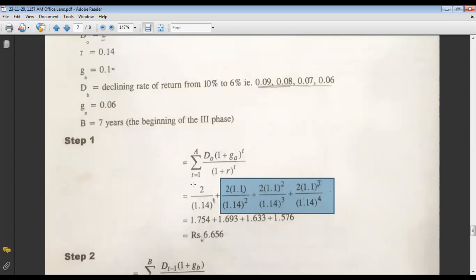What I want you to do is solve this part, please, quickly, so that we can go to the next part quickly. You do it on your own first.